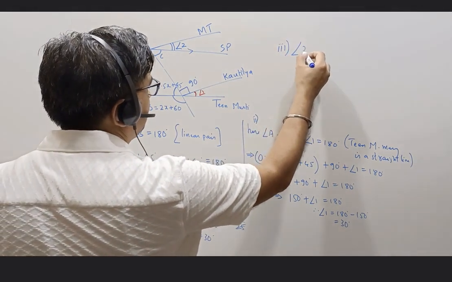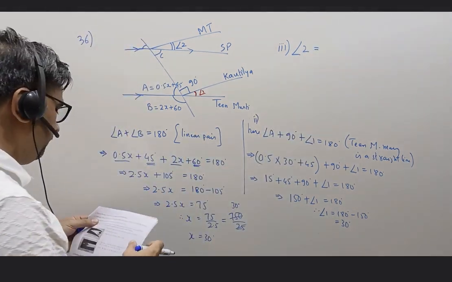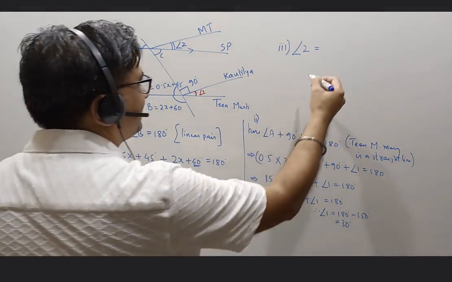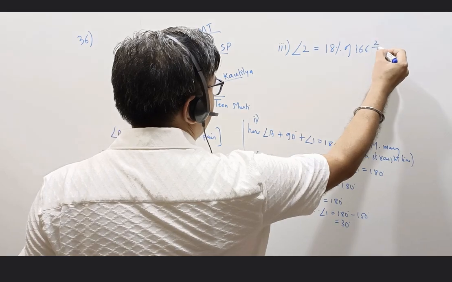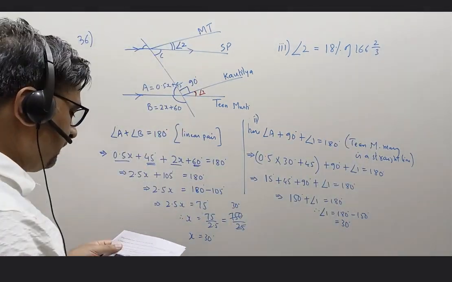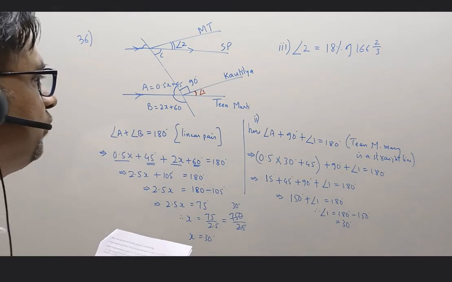It's given that angle 2 is equal to 18% of 166 2 by 3. Then how much is angle 2 is what we have got to find.